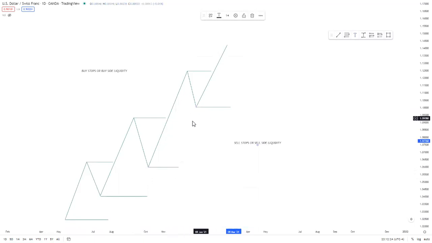Or we can call it sell side liquidity. It is being protected. You can see how they were not being kicked out, right? Every time price breaks this high, price will repel away from that low. You can see repel away, repel away.